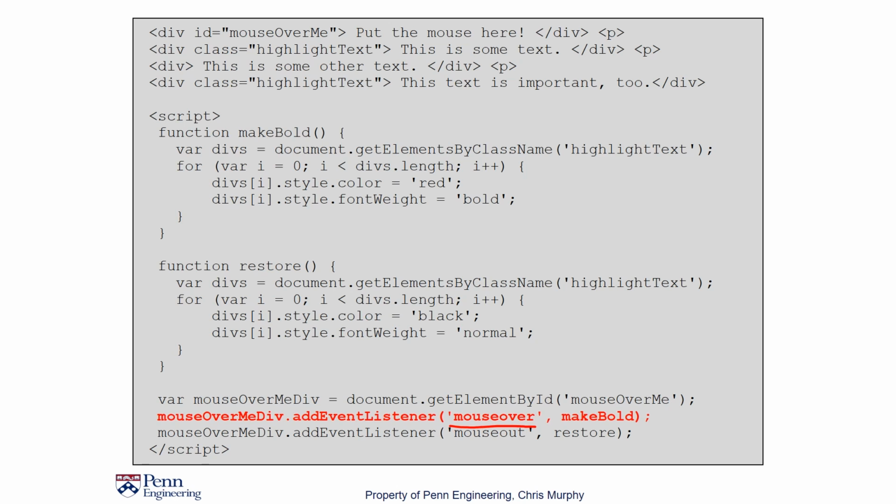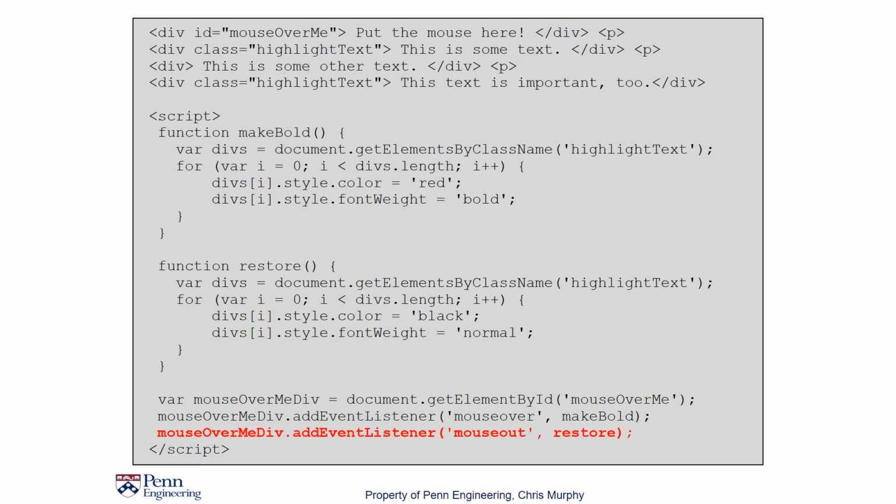This is a special string that's used by the browser to register a listener for this particular event, where the user moves the mouse over this HTML element. When the user moves the mouse over this HTML element, the browser will call the makeBold function, which is this function here, which will modify those other HTML elements.